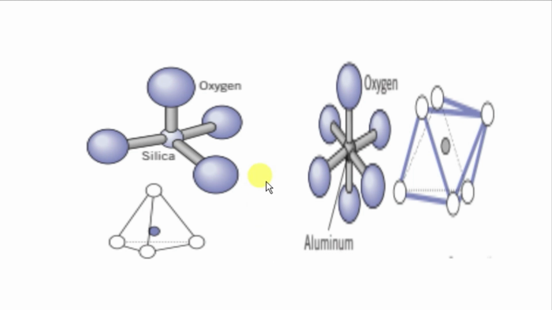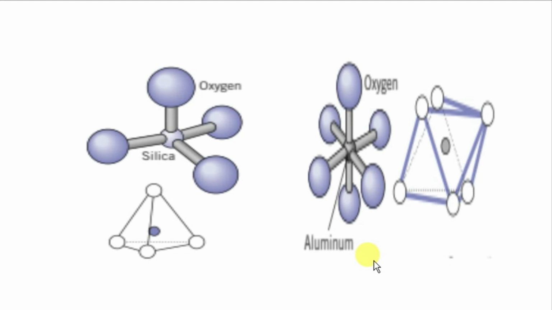So, friends, see here that silica is combined with 4 oxygen, whereas the aluminum atom is combined with 6 hydroxyl units. Sometimes magnesium replaces the aluminum atoms in the octahedral units, and the octahedral sheet is then called the brucite sheet. If it's just aluminum, then it's the gibbsite sheet.